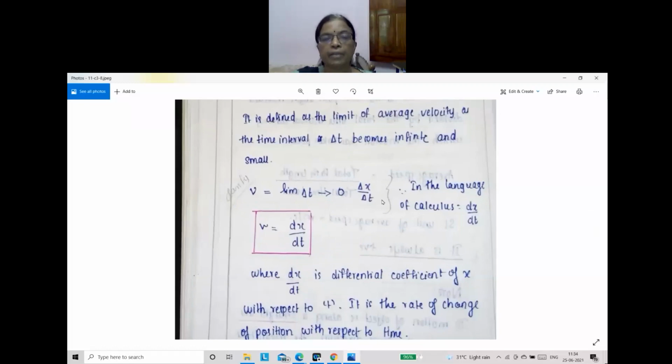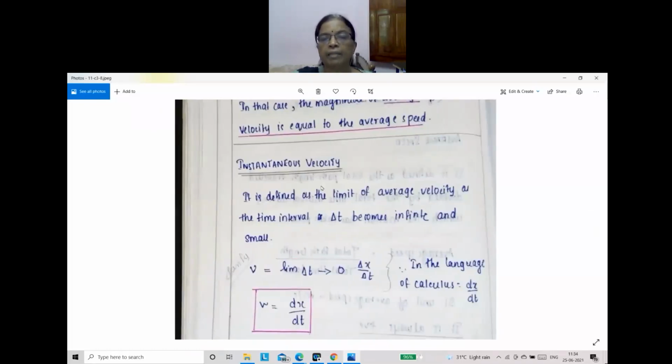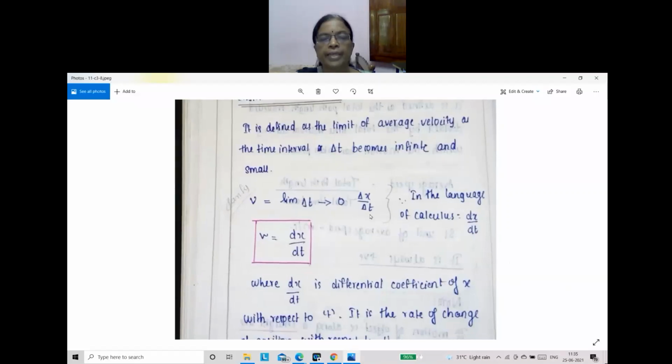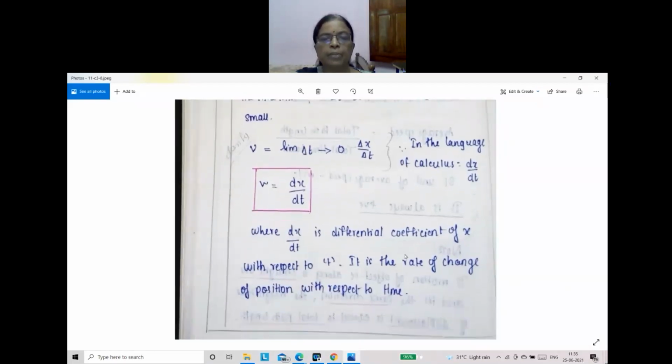So you can see in the notebook how it is given. You can see instantaneous velocity. It is defined as the limit of average velocity as the time interval delta t becomes infinitesimally small. In the textbook, the definition is given as infinitesimally small, so very, very small. So limit delta t tends to 0, delta x by delta t, that is instantaneous velocity v equal to dx by dt, where dx by dt is the differential coefficient of x with respect to time.